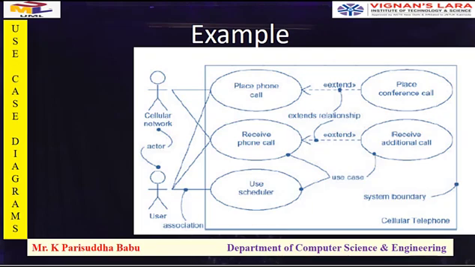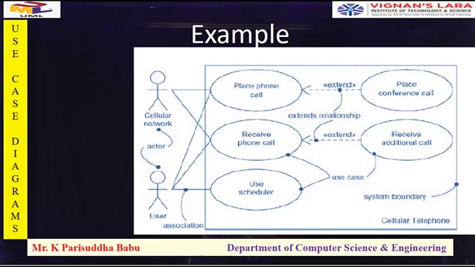Here, we do not place a conference call regularly, but we may place one. That is not a repeated process. For that reason, we are giving the extend stereotype relation.